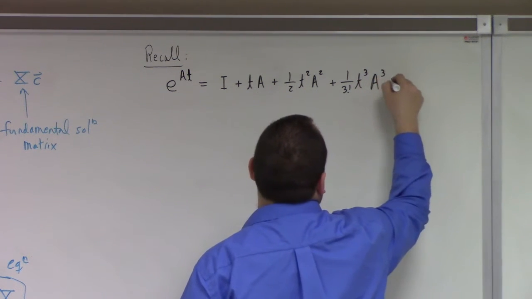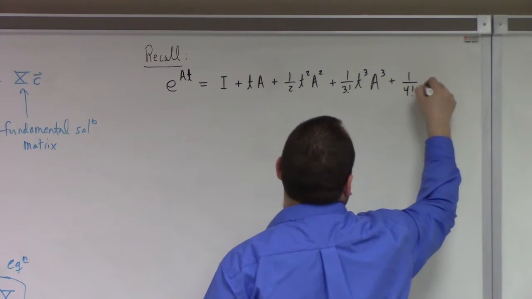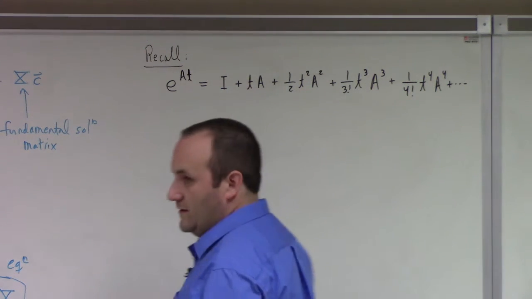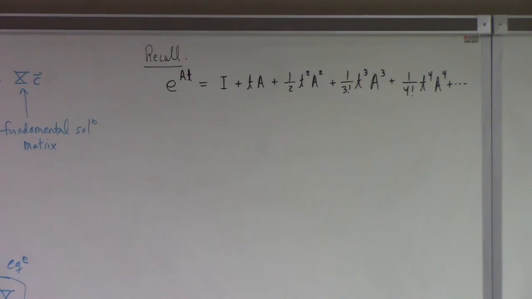I'll go one more just to make a point: 1 over 4 factorial t to the fourth A to the fourth, and so forth. That's the matrix exponential.